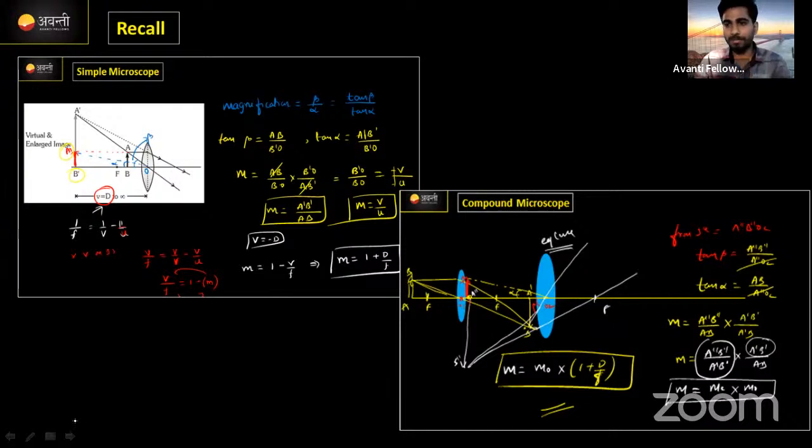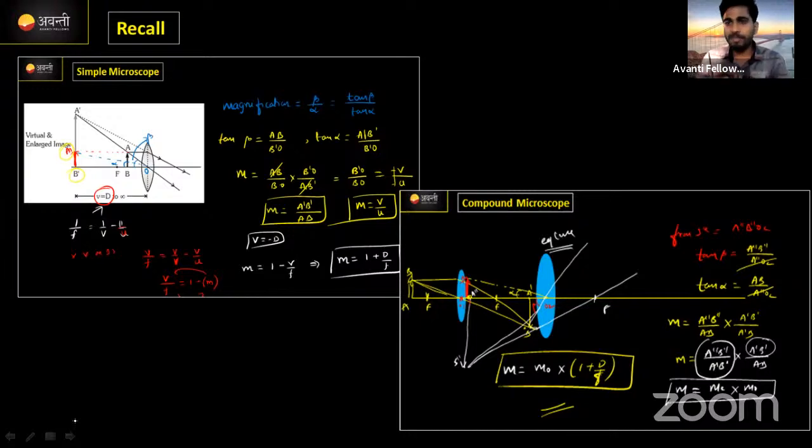You use a magnifying lens to see a small object, right? You want to visualize the small object by using a magnifying lens. That is a simple microscope. And compound microscope क्या होता है? More than one lens we are using here. That is the compound microscope.